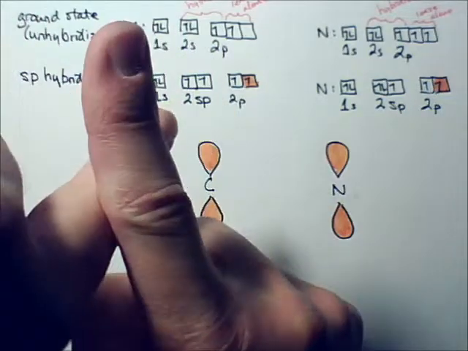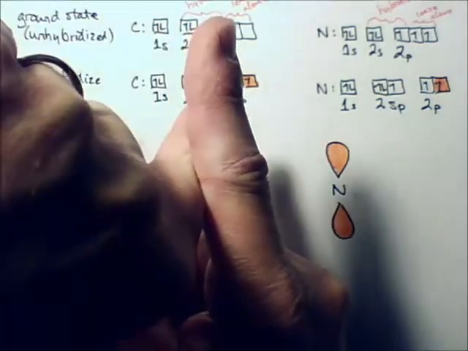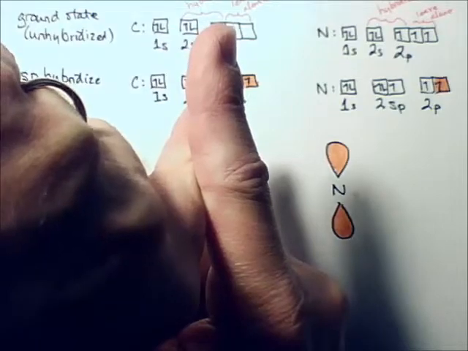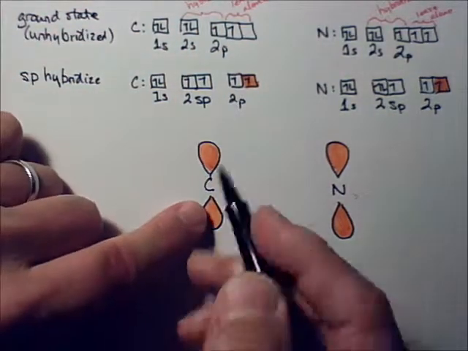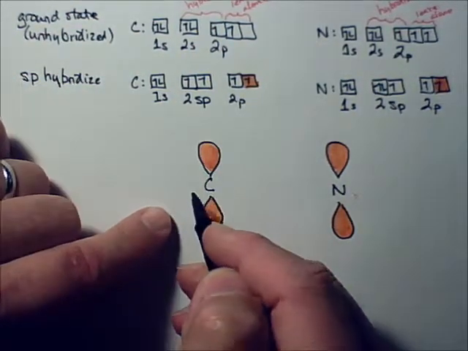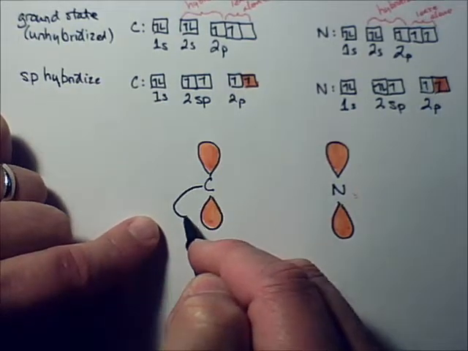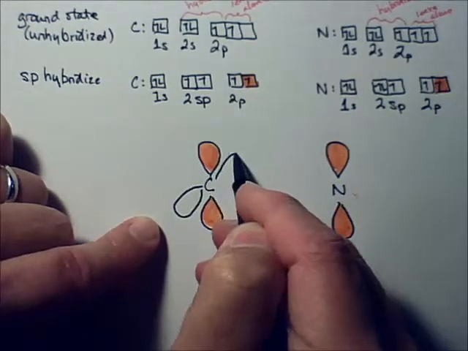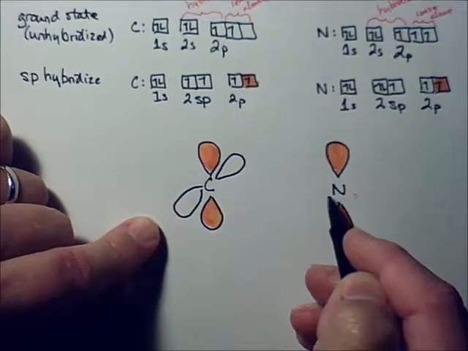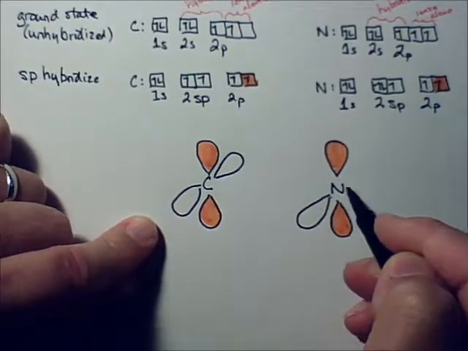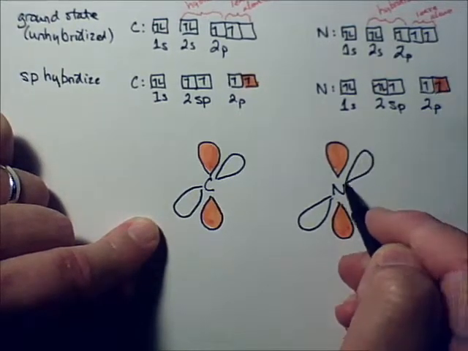But I need to turn it like this to make everything fit together. So I'm going to draw this second p orbital as if one of them is coming out toward you, and one's going back behind everything.